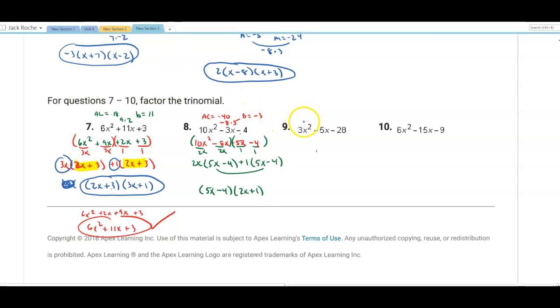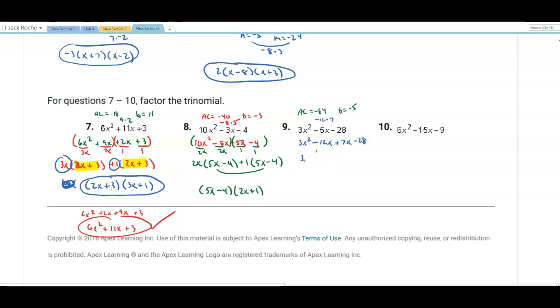So the next one here, if I look, AC, 3 times negative 28 is going to be negative 84. B is negative 5. So what multiplies to give you negative 84 and adds up to negative 5? That would be negative 12 and 7. So 3x squared minus 12x plus 7x minus 28.